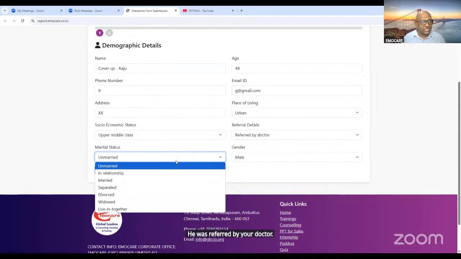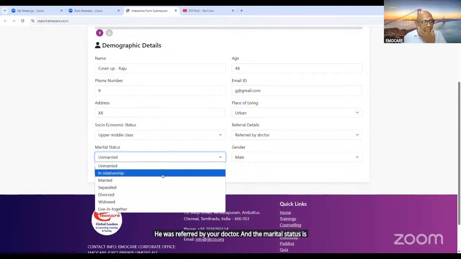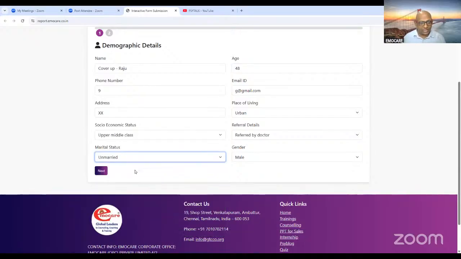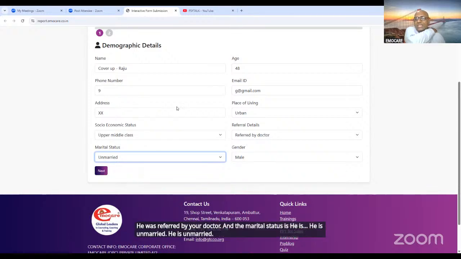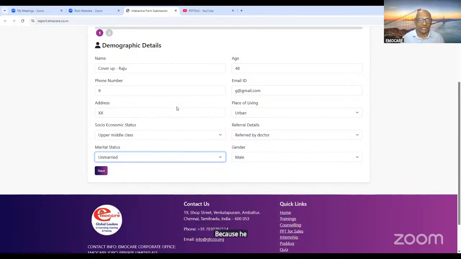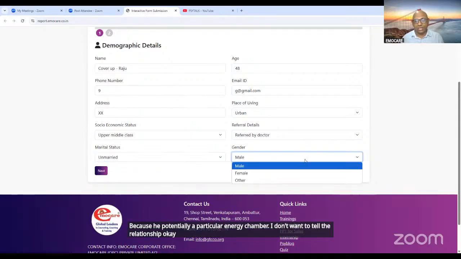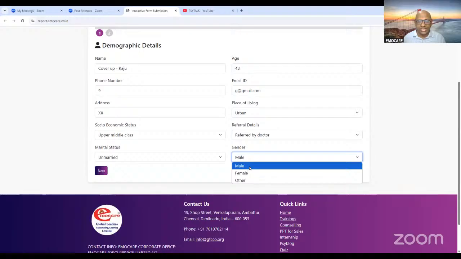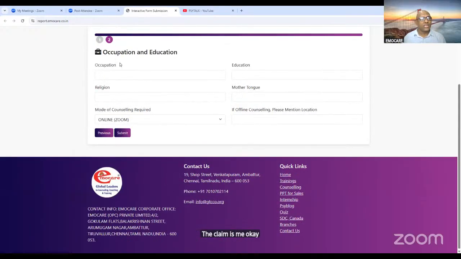And the marital status: he is unmarried, because he pertains to a particular religion. I don't want to tell the religion. Okay. The client is me. Next, his occupation: he is a priest.